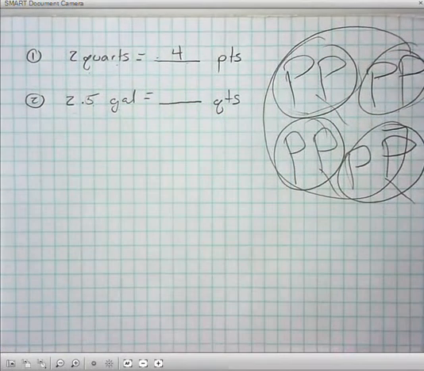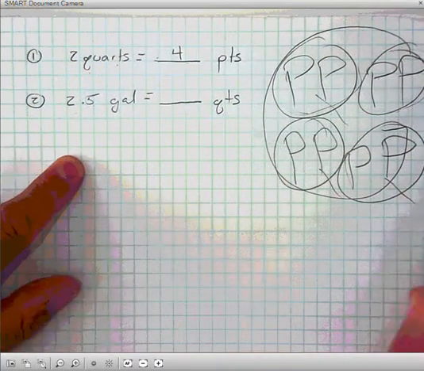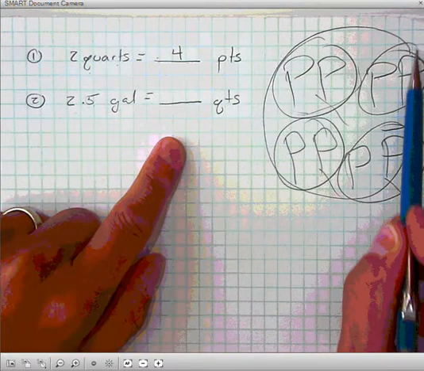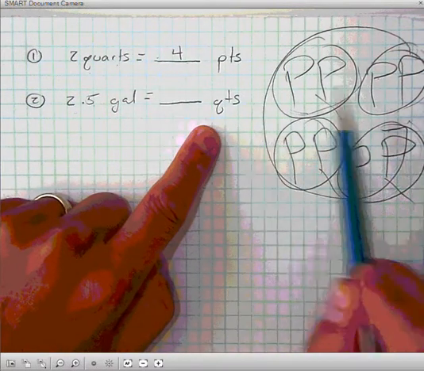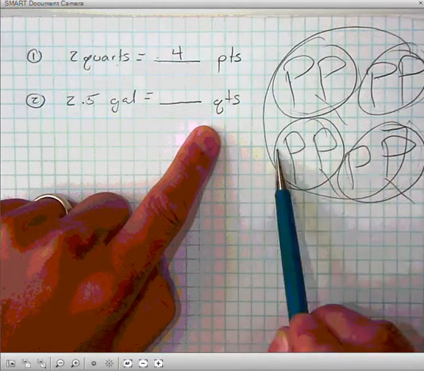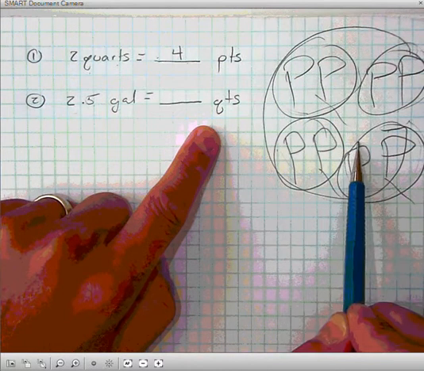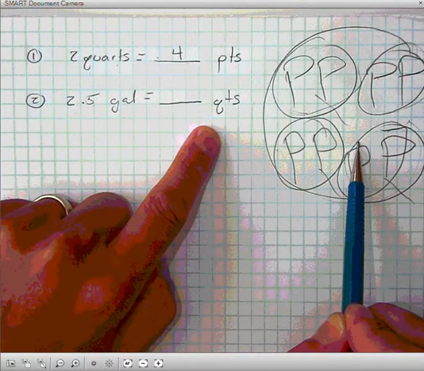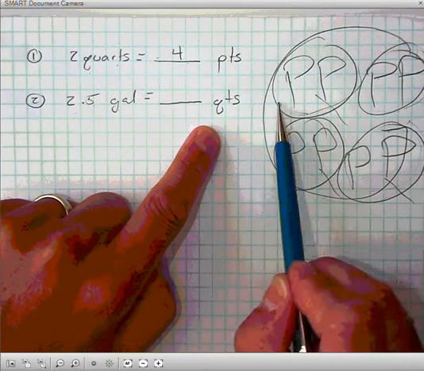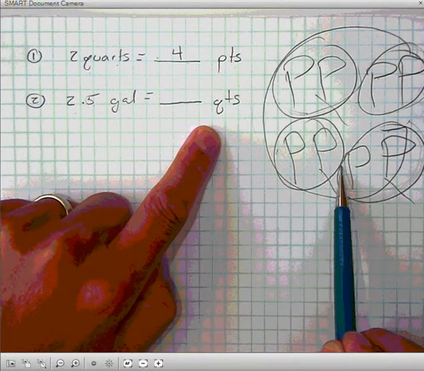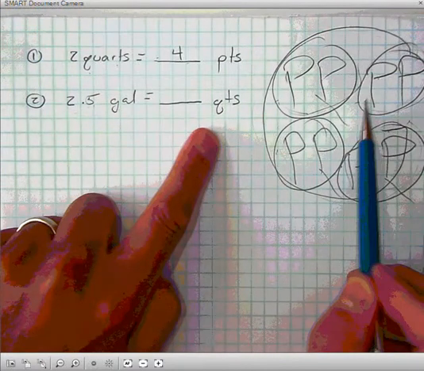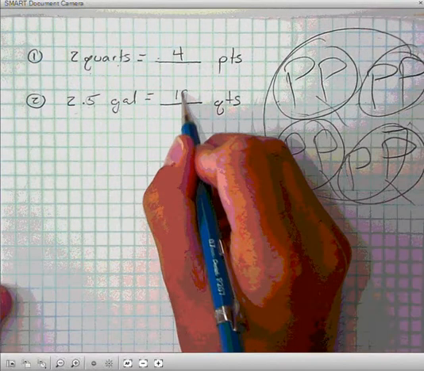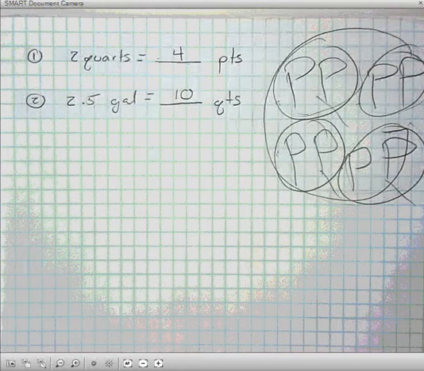Well, if I have 1 gallon, which is this right here, it'll be 1, 2, 3, 4 quarts in 1 gallon. So that's 4. If I had another one, it would be 5, 6, 7, 8. And if I had half of another one, it would be 9, 10. So there would be a total of 10 quarts in that.